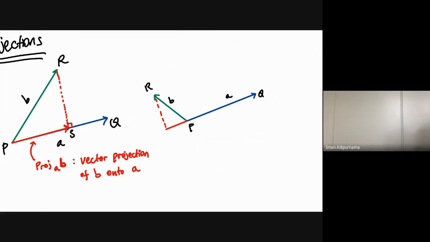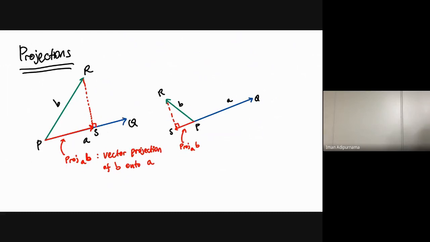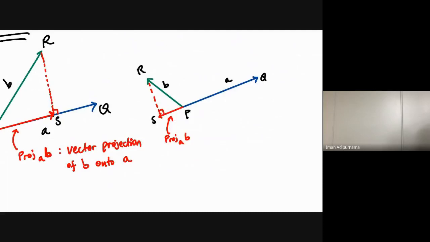Okay, that's the projection. Let's say this is a new point S, and this is the vector projection of B onto A.